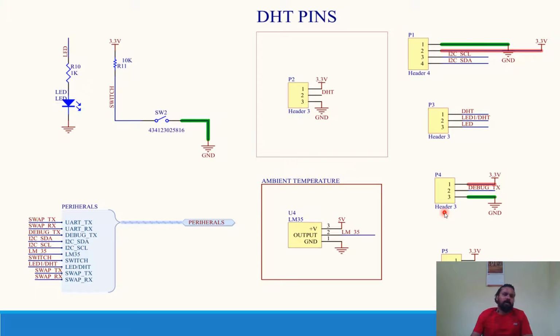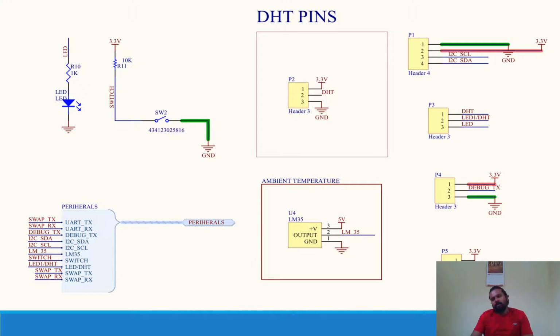And if you go to peripherals, here we have DHT pins, which is 3.3 volt, DHT out and ground, and one more for the ambient temperature. For that 5 volt is provided, and the output will be an analog value. This analog value will be connected to your analog pin.